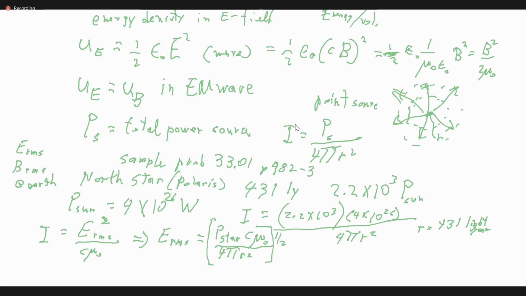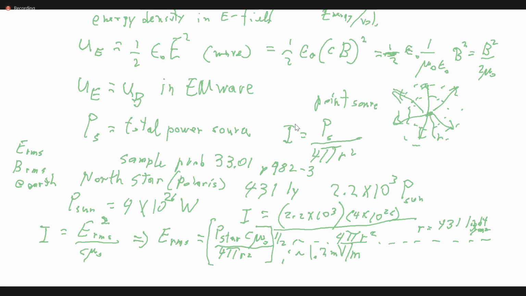We can plug in those numbers. We get about 1.2 millivolts per meter. That's the electric field that tickles the sensors in our retinas. It's a very small number, but it's enough to see.